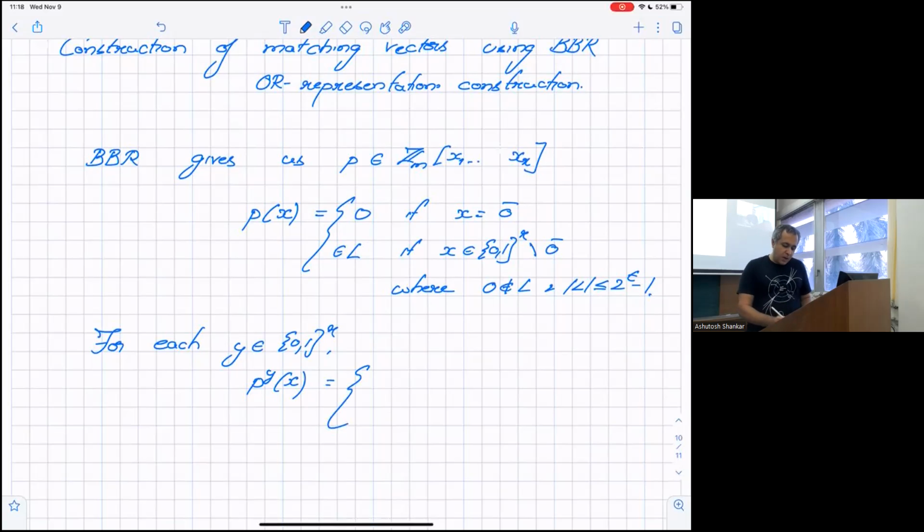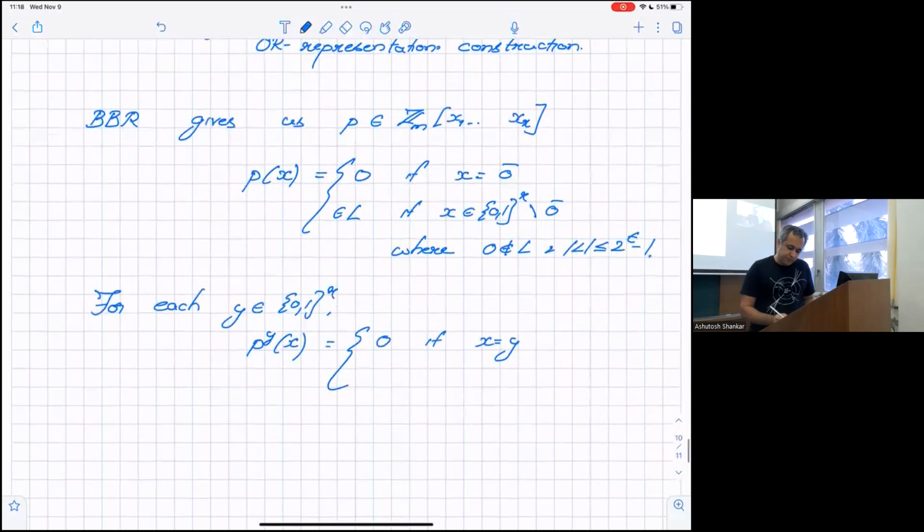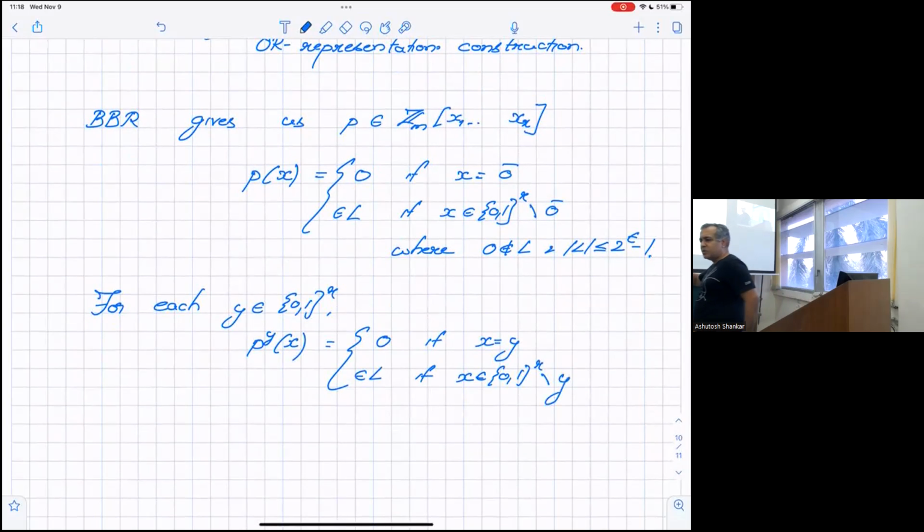In the sense it is going to be equal to 0 if x is equal to y, and belongs to L if x is in {0,1}^r minus y. You just translate the origin from 0 to y, and you get the same thing. Is this clear that you can do this?